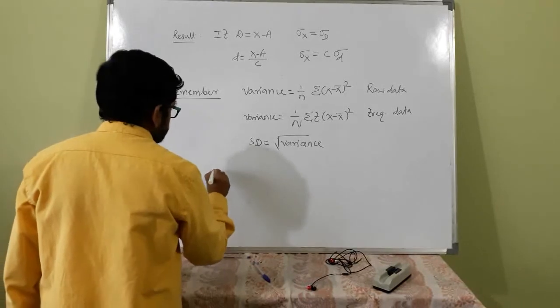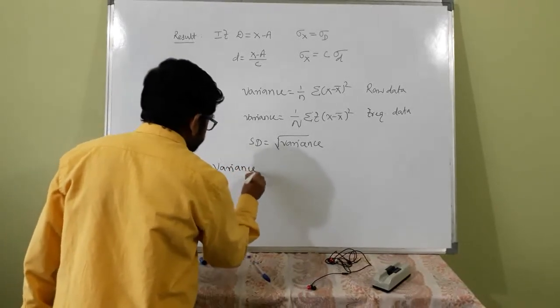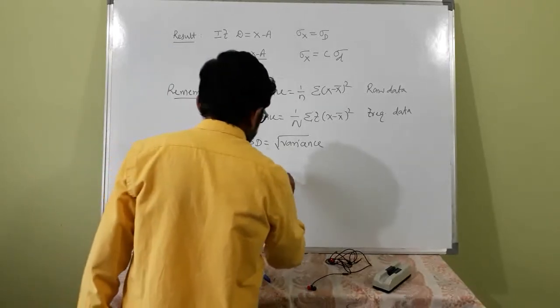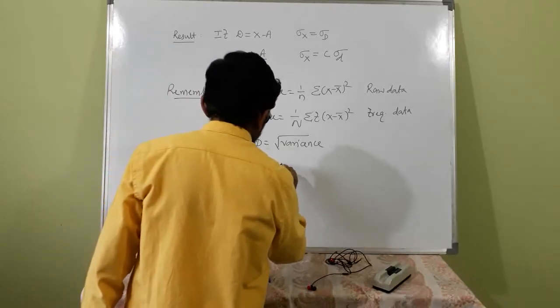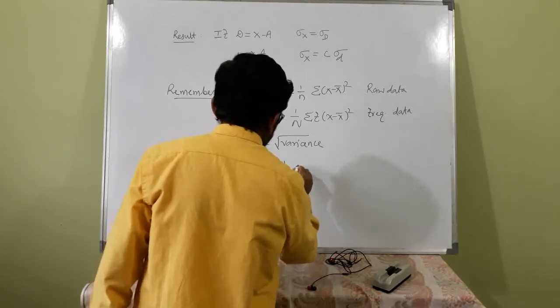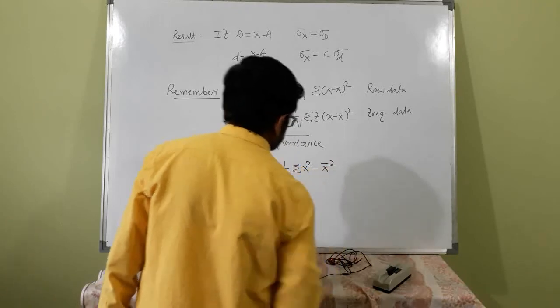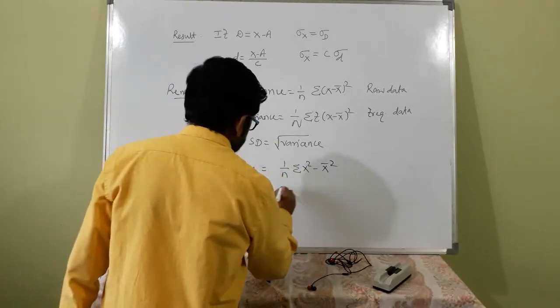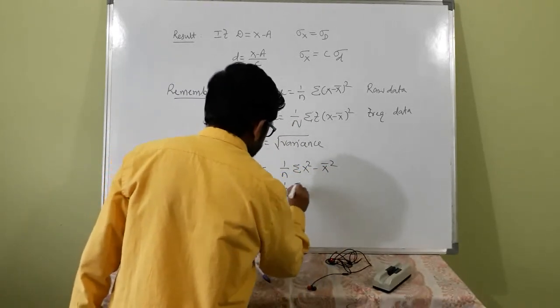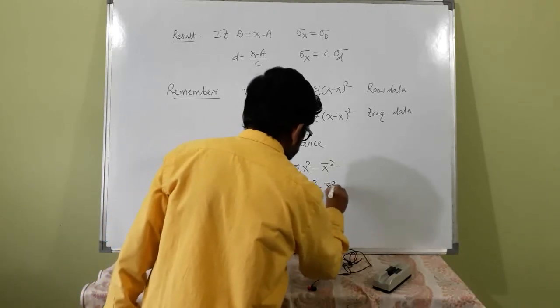Also, variance is equal to 1 by n into summation x square minus x bar whole square, or 1 by n into summation fx square minus x bar whole square.